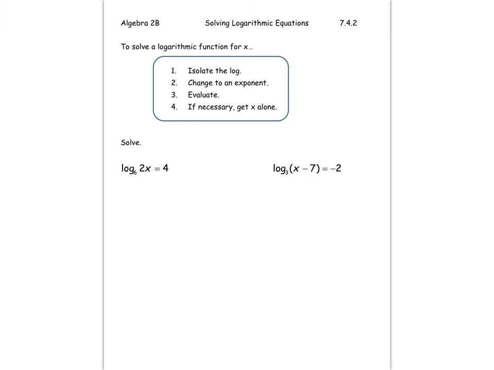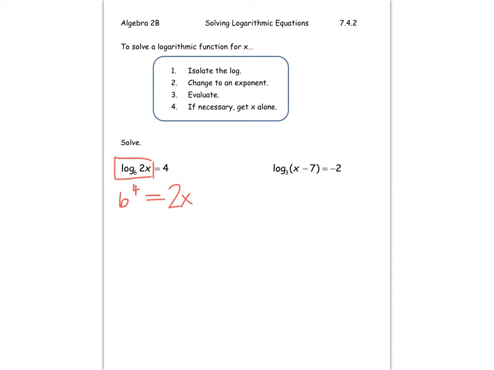On this first one, the log is considered alone because there's just a base of 6 and a value of 2x. So we can skip step 1 and go straight to an exponent. So the base is 6, logs equal exponents, so the power is 4, and then our value is 2x.